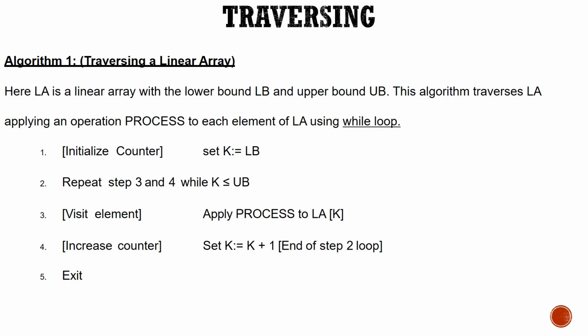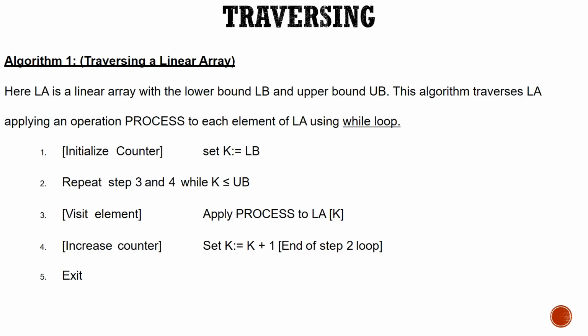How? k equals k plus 1, and go to step 2. In step 2, again we compare k with the upper bound. Once k crosses the upper bound, we break the loop. Fine, so this is an algorithm which uses a while loop for traversing the array.